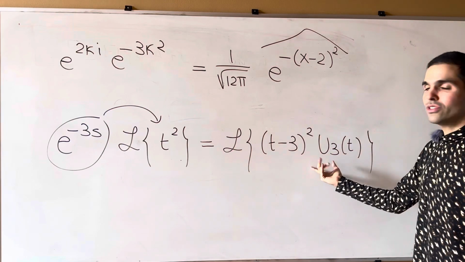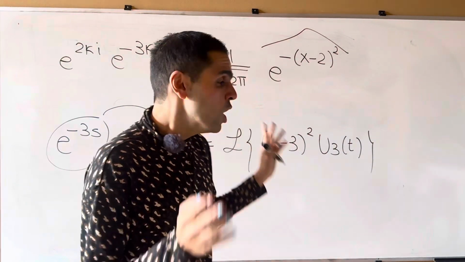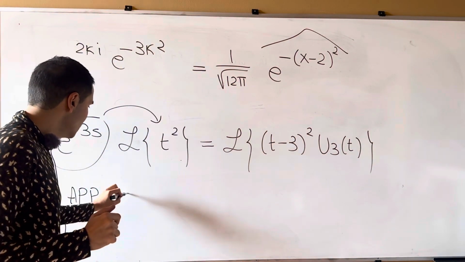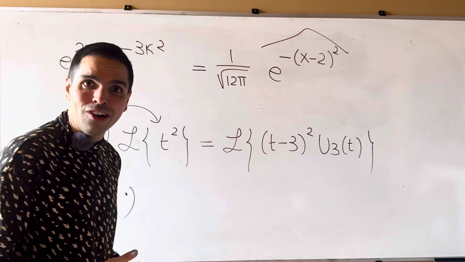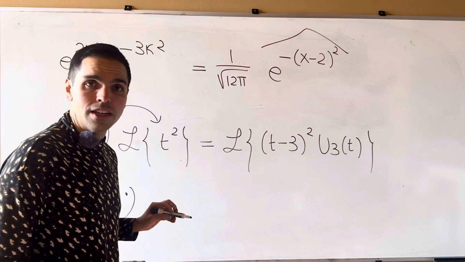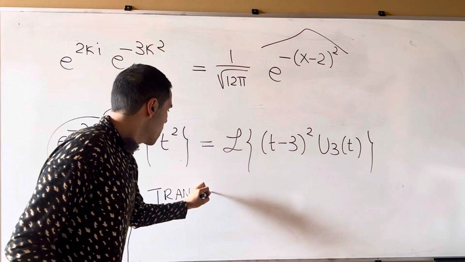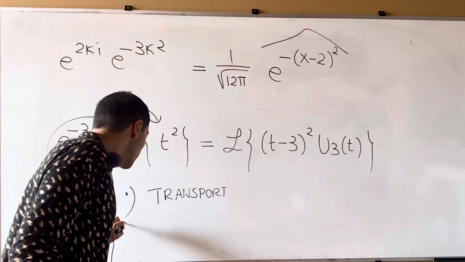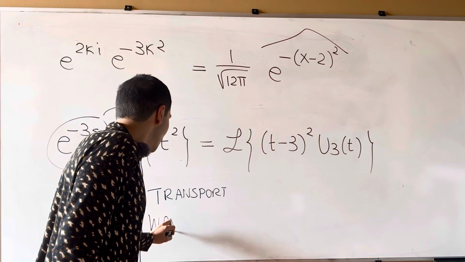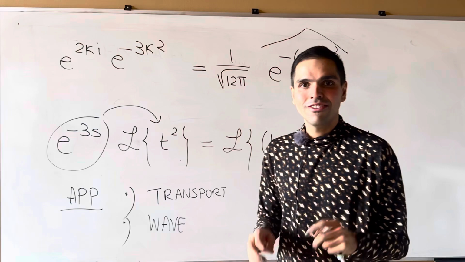So this is just a Fourier transform analog of that. And most importantly, why is that useful? There are two really cool applications. First of all, and you will do that on your homework, you can use the shifting property to solve the transport equation. And you can also use this shifting property to solve the wave equation, both using the Fourier transform. So really powerful stuff.